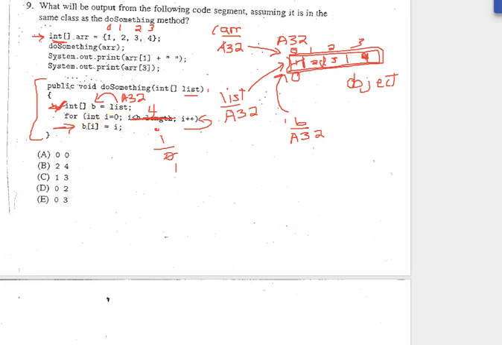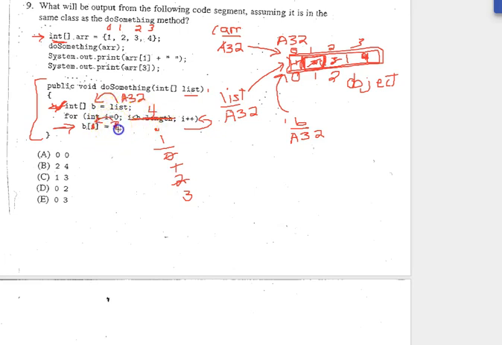I is equal to 1, so that number 1 is assigned to the element B[I]. So B[1], which is this position, this block, is being overwritten with the number 1. And I think you can see the pattern now. I++ is 2. That 2 is going to overwrite this 3. I++ is 3. 3 is less than 4.